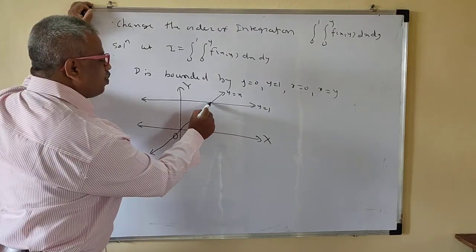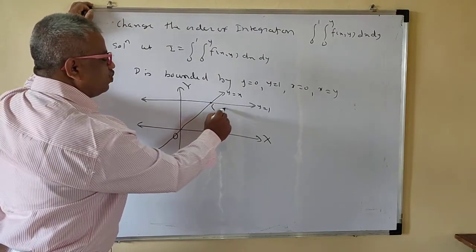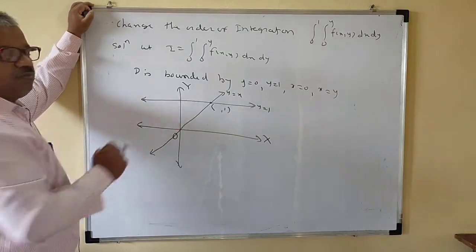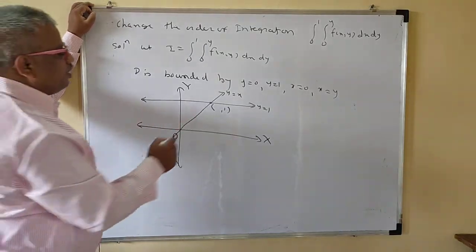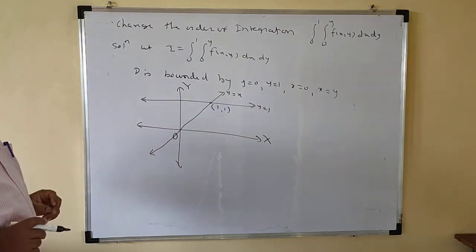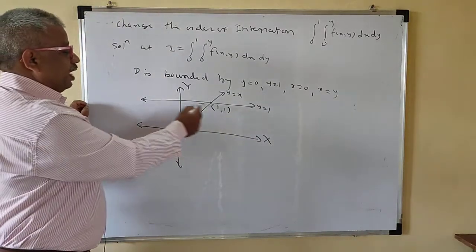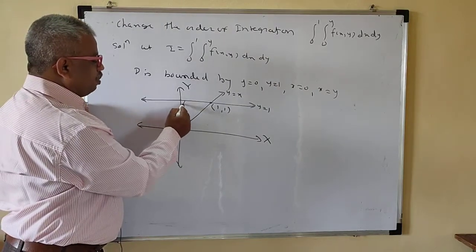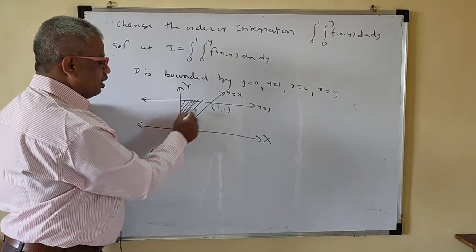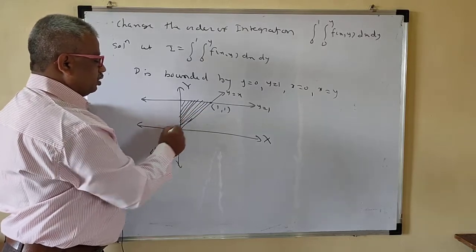We find the point of intersection here. Everywhere y is 1, so if y is 1, this point is (1, 1). Now see which region: this will be your region of the integration.